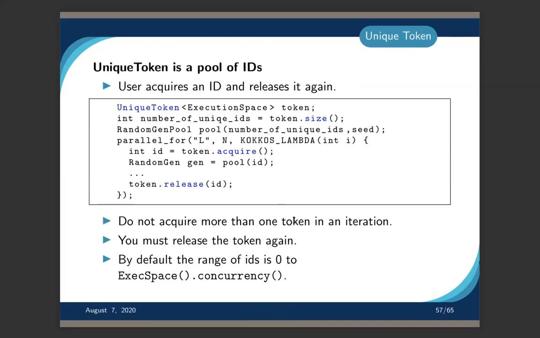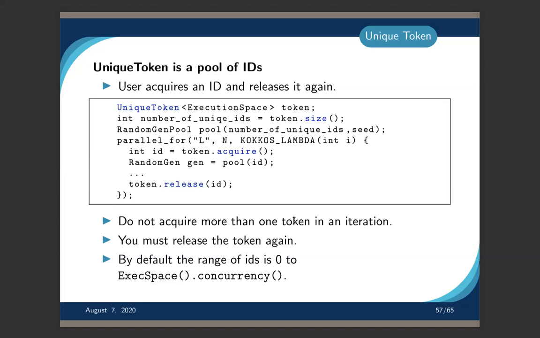A couple of rules. You should not acquire more than one token in an iteration. You should not call acquire more than once inside of that thing. The reason is that might actually lead to deadlocks. The same as if you do not release that ID again. If there are only as many IDs available as there are threads, right?